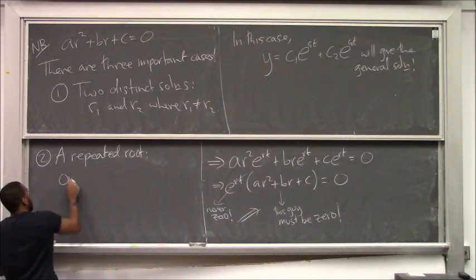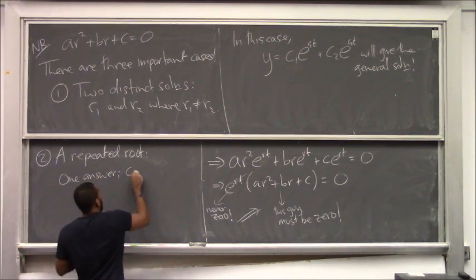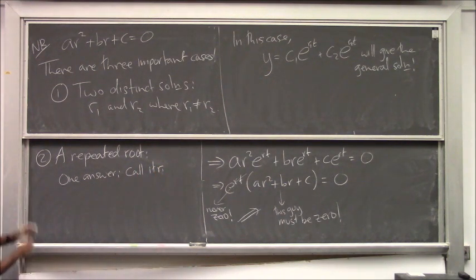That is, you get one answer, called r. So this could be a complete square, and you just set the inside equals 0, you'll only get one value for r.